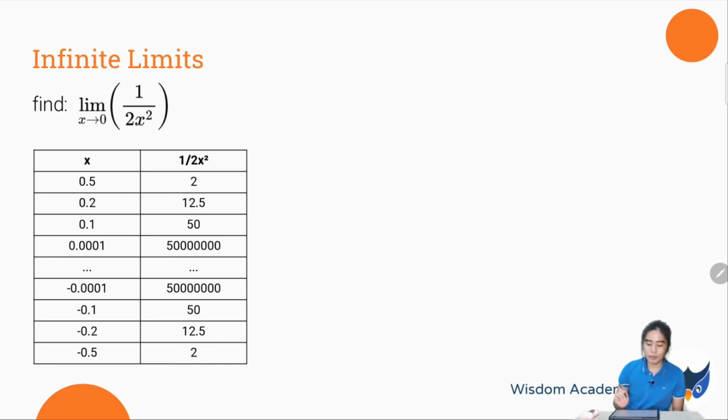Their equivalent values are 2, 12.5, 50, and 50 million. So, as we can see, habang lumalapit nang lumalapit si x to 0, nakikita natin na yung value, pataas lang ng pataas. And hindi natin alam kung hanggang saan siya nagsa-stop.